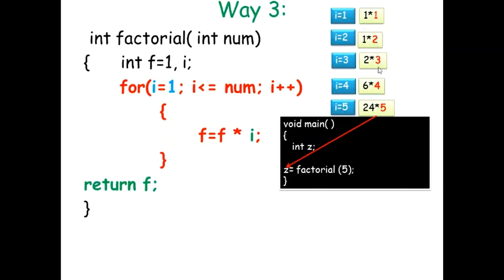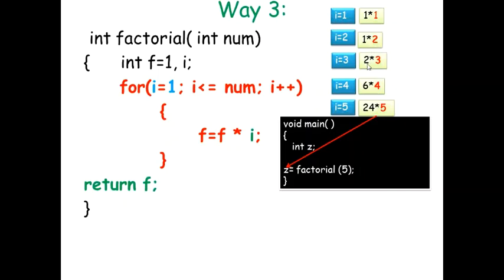All the red that you see over here are the i's incremented in the for loop. So when i is equal to 2, this f which was computed earlier, the value 1, becomes 1 into 2. 2 is the value of i. When i is equal to 3, this 2 comes here.